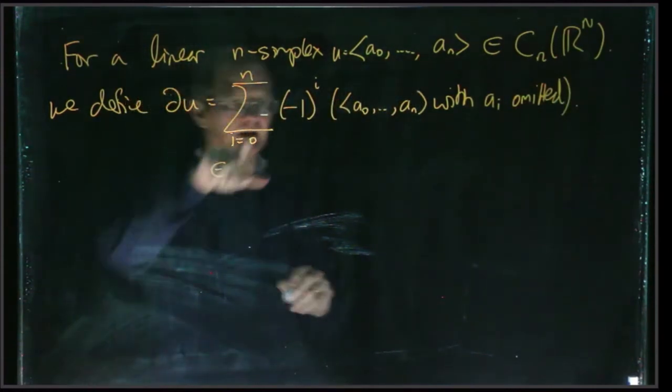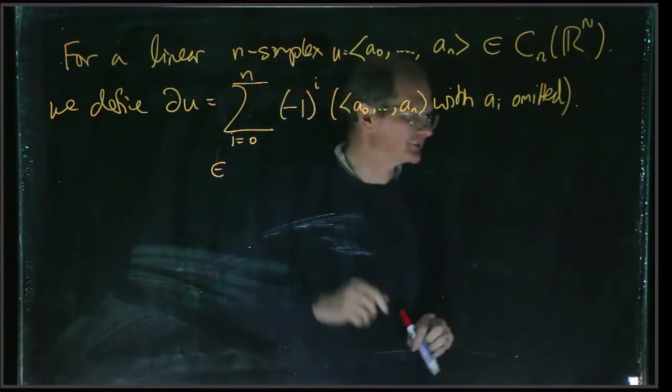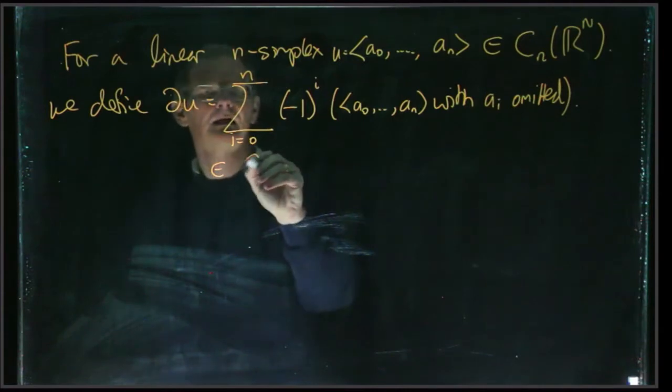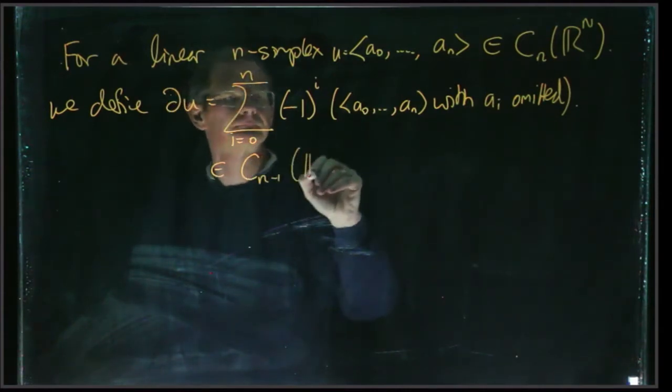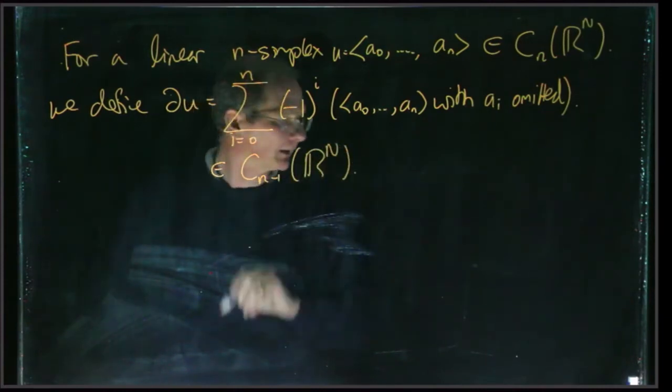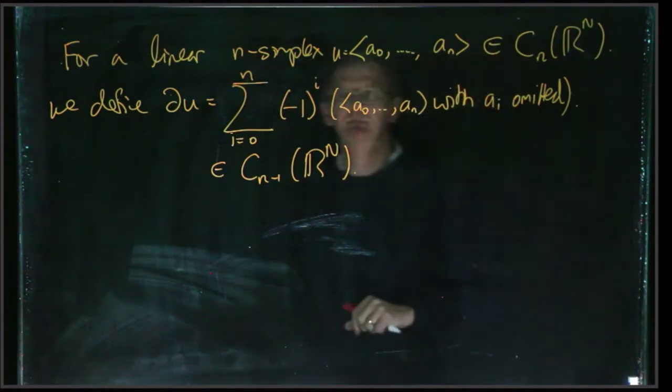Of course, this is a linear combination: you've got a sum of terms with plus or minus signs, so integer coefficients, and so this is a linear combination of simplices of one lower dimension. So that's what we're going to do for linear simplices.